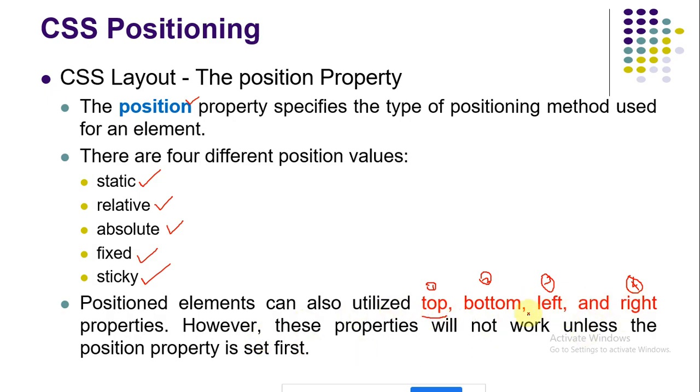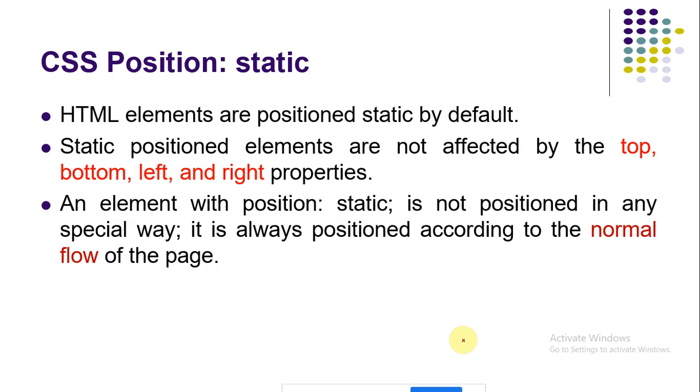You can apply these properties if you are using the position property. However, these properties will not work unless the position property is set first. You have to set a position property so that you can use these properties in your web page. So first we'll talk about CSS position static.